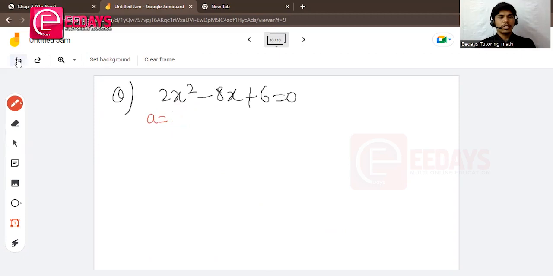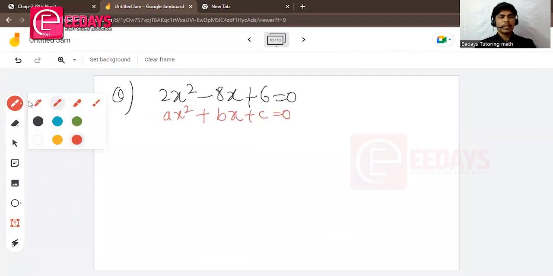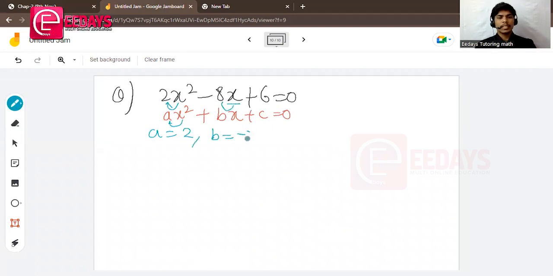First you need to compare with the general form, ax square plus bx plus c is equal to 0. Identify the a, b, c values. The x square coefficient is 2, the x coefficient is -8, and the constant is 6. So this is our first step.